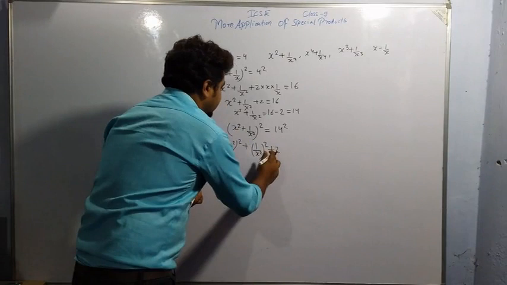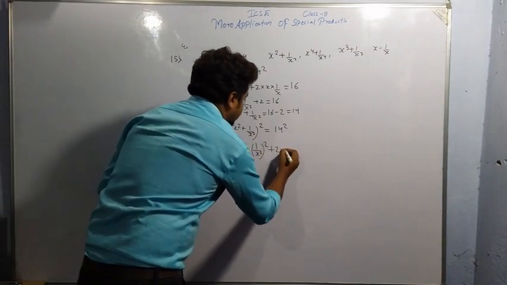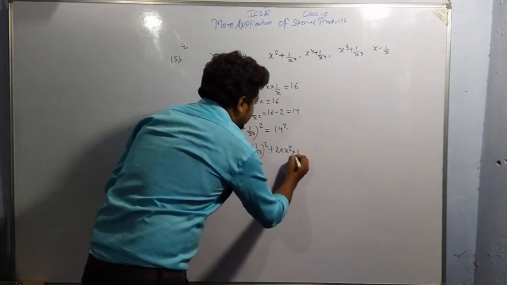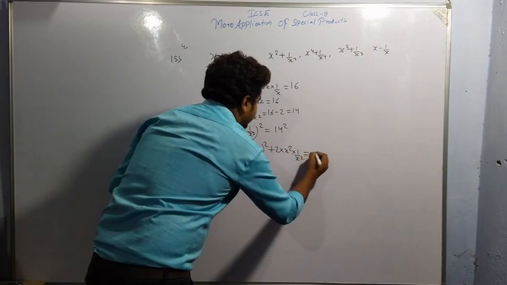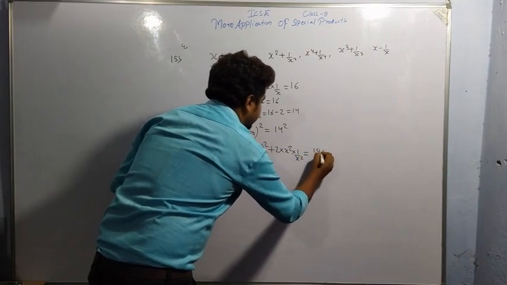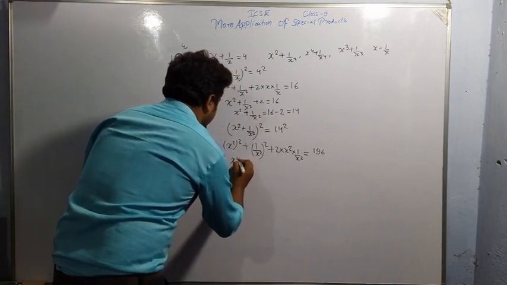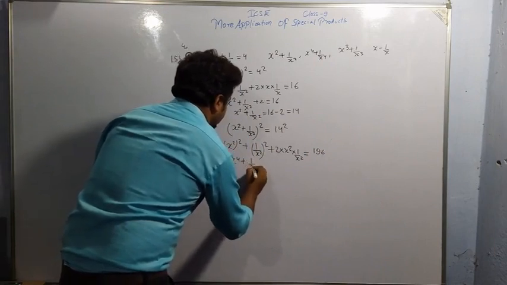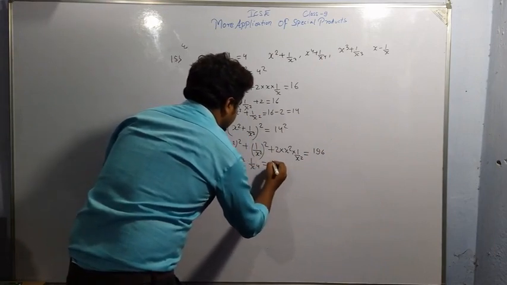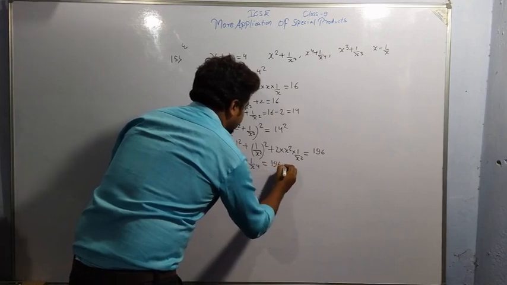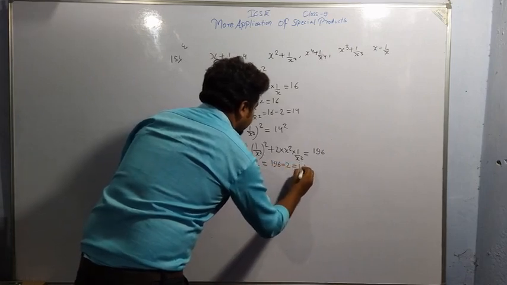So from here we'll be getting plus 2 because x square and 1 by x square will be cancelled. And this is 196. So we are getting x to the power 4 plus 1 by x to the power 4 equal to 196 minus 2, which is coming out to be 194.